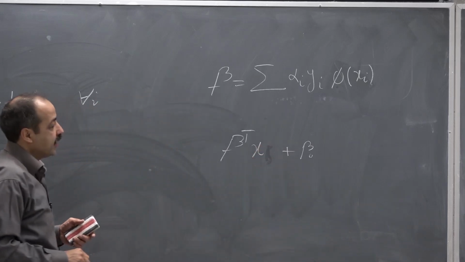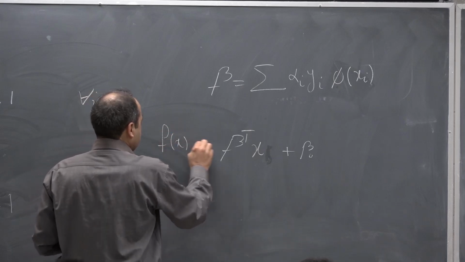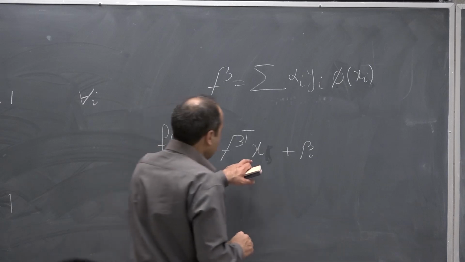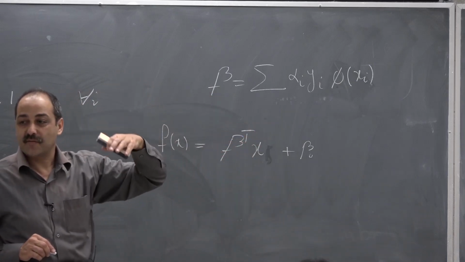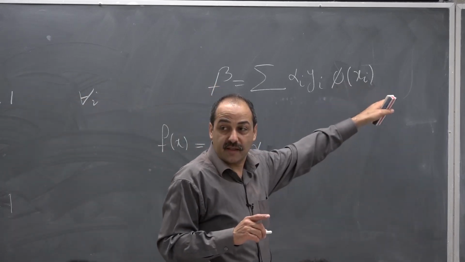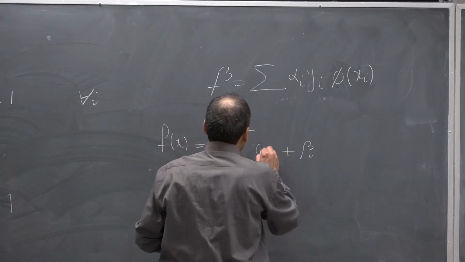It is beta transpose x plus beta null at point x. So if I'm in feature space, if I mapped everything into this Hilbert space, then all of the x's are phi of x. So this is beta, and this x is phi of x, right?